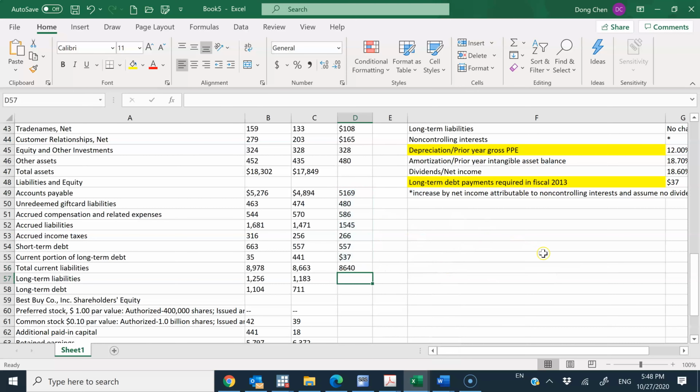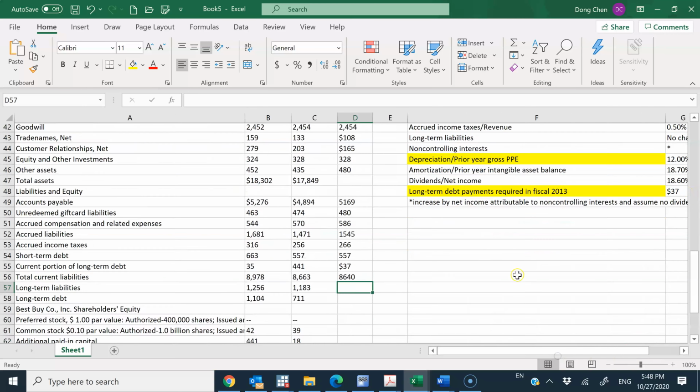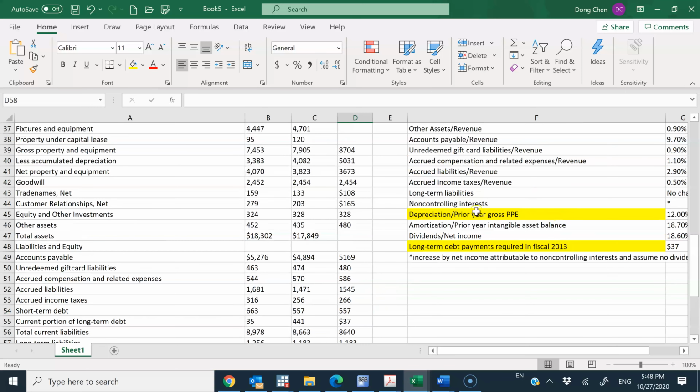And long-term liabilities, going back, you can see there's no change, right? So we can just assume this is the same amount as the current amount. And long-term debt, this is also a part which we need to be super careful about. Even though it's not mentioned in this table, we need to realize there is a relationship between the next period long-term debt and this period long-term debt.